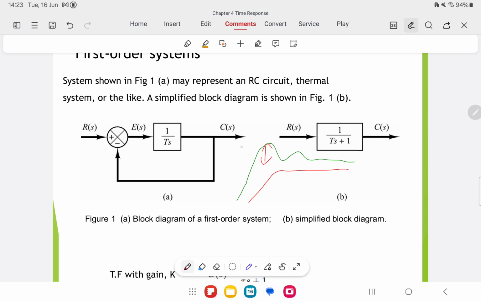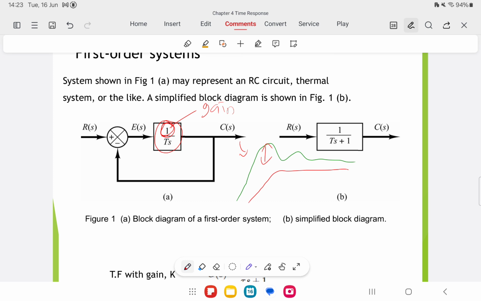Sometimes overshoot occurs because when we design, we have the transfer function, and we might set the gain value, the one above 1, wrongly. So it might be too fast a response, so it will overshoot first. We can calculate all of these: the maximum overshoot, the rise time, the peak time. Later we will look at the formulas.